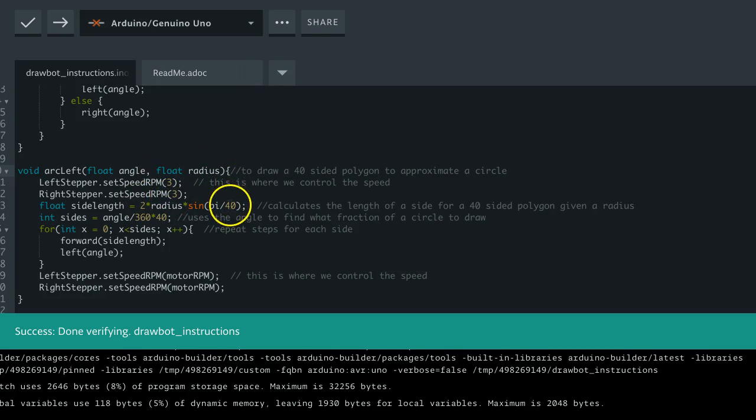And one other thing I want to mention: we talked about changing the speed. This isn't very precise because we're going to have to round to whole number sides. If you were doing something that didn't go evenly into 40, that could be an issue. So in addition to slowing down the speed, you could try messing around with this number 40.